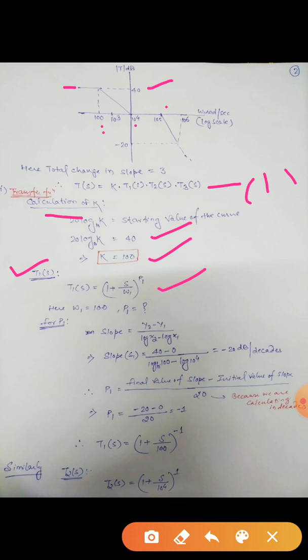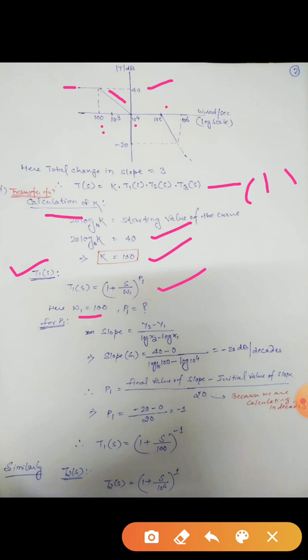So the value of omega 1 is equal to 100, but here the value of slope is not mentioned. That is why first of all we need to calculate the value of slope. Why? Because only by calculation of the change in the value of slope can we calculate the value of power.